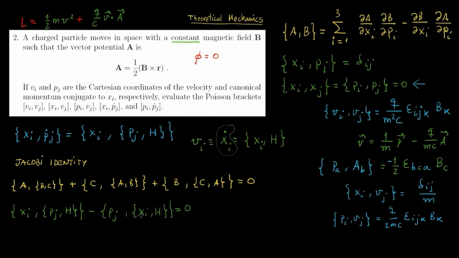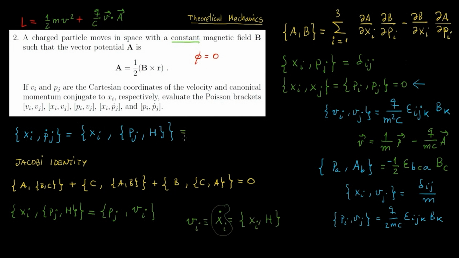All this Poisson bracket is just v_i. Up to here we have that this Poisson bracket minus this bracket is 0. So if we move this term to the right hand side, we will obtain this. So this is equal to this.